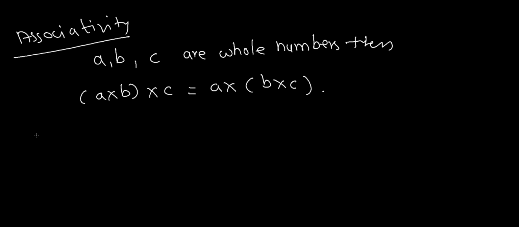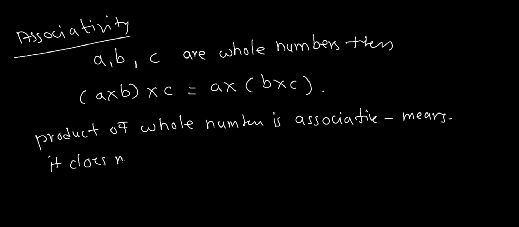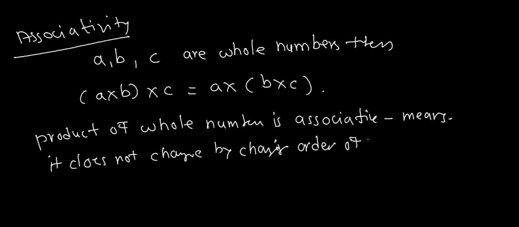This is associative, means the product of whole numbers is associative, means the value of the product does not change by changing the order of multiplication.